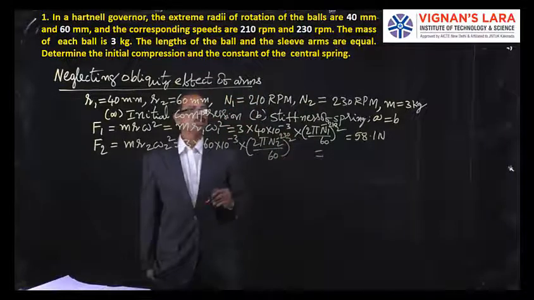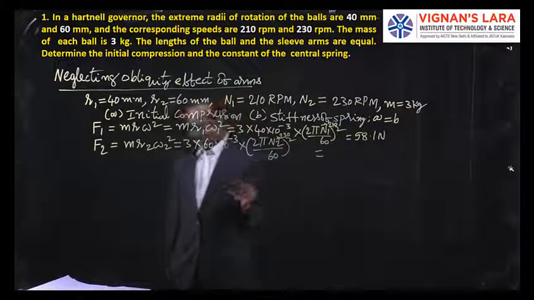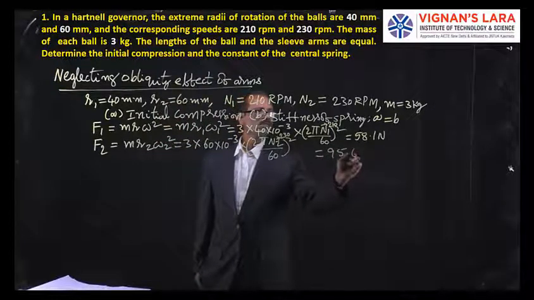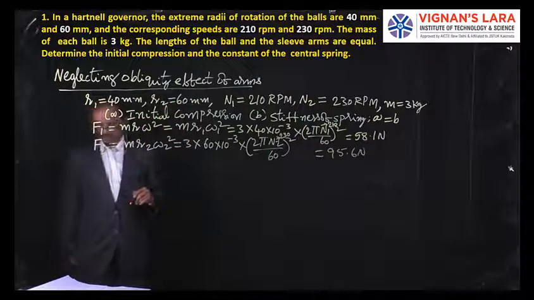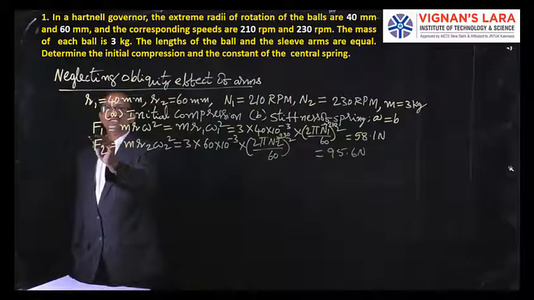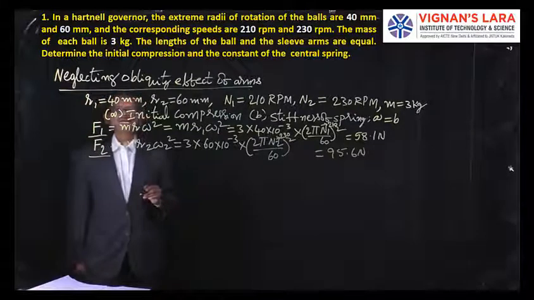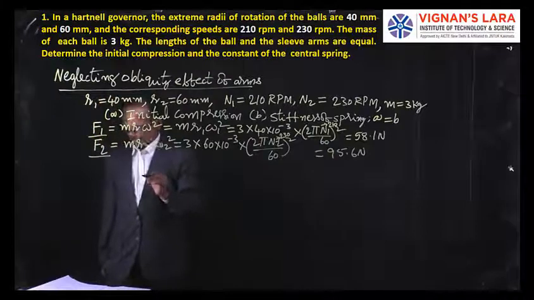So substitute this n2 value as 230, then you get 95.6 newtons. So this is what we have obtained, the centrifugal forces corresponding to radius 1 and radius 2, isn't it?